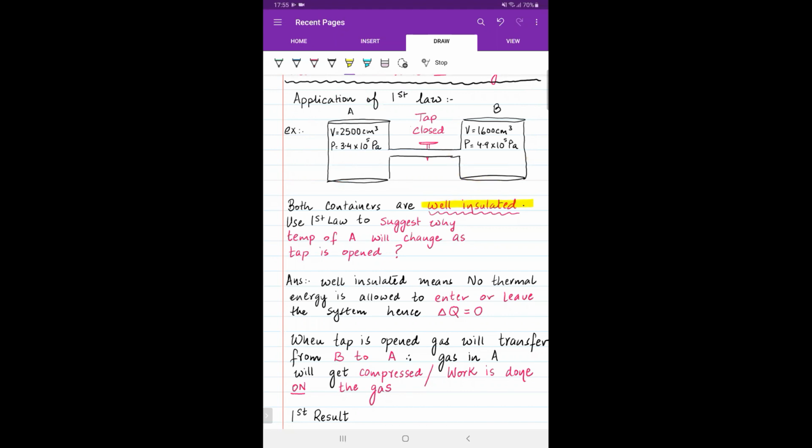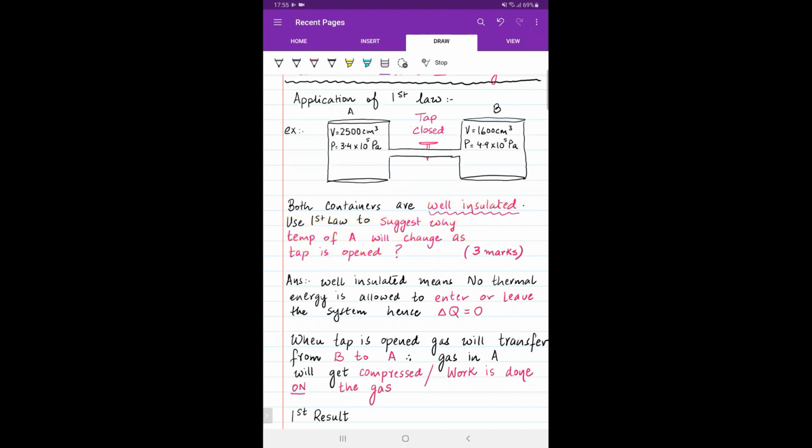It further says, use the first law to suggest why the temperature of A will change as the tap is opened. Usually this kind of question is 3 to 4 marks. So you need to develop an understanding of how much detail you write in the answer and how you write it.